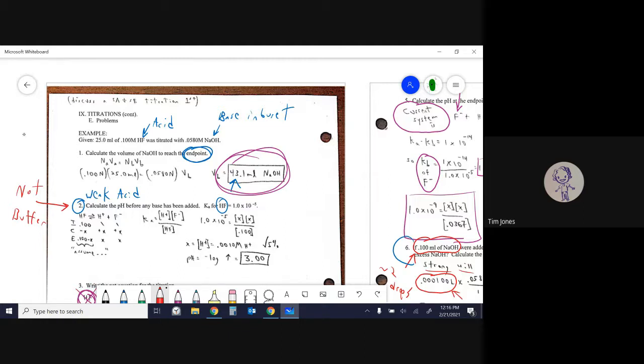So it's not really a buffer. If you look at our concentrations, our HF is 0.1 and our F minus is 0.001. I know it says H plus right here, but that's also the F minus.